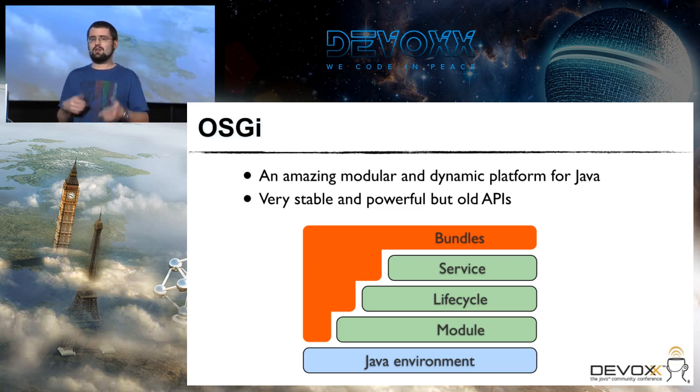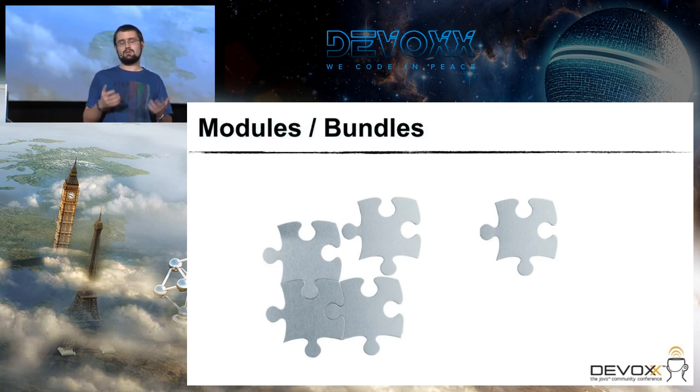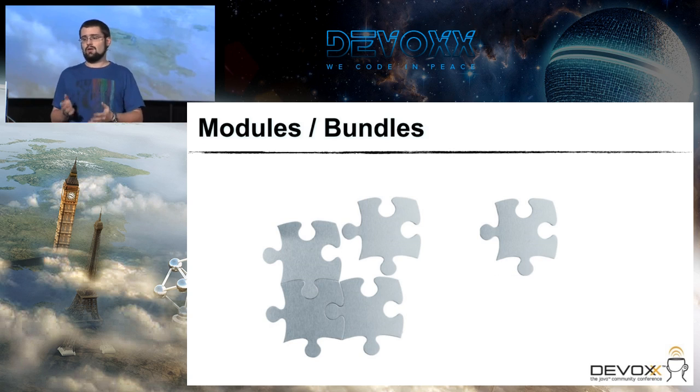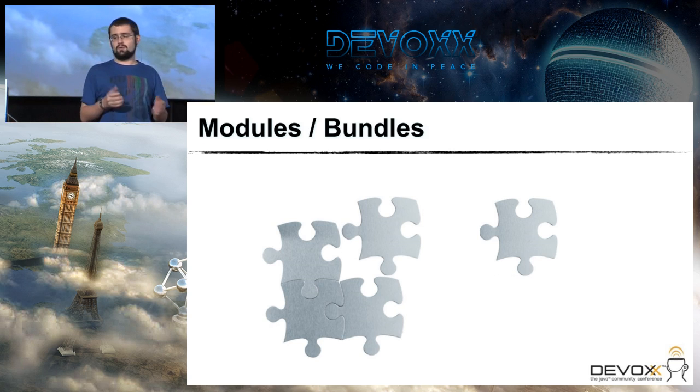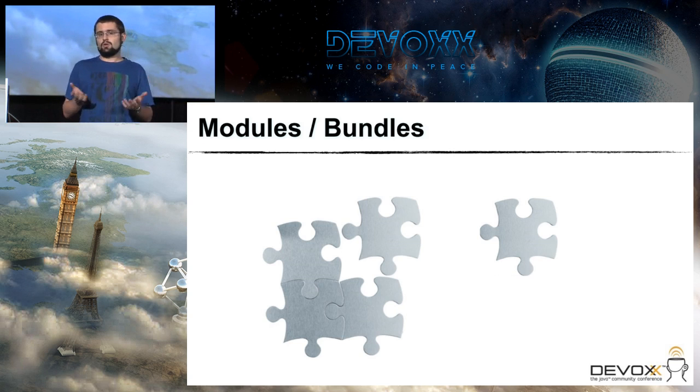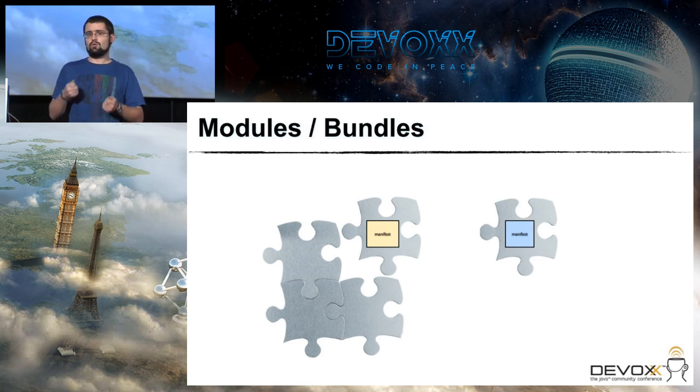So there are two main concepts in OSGi. The first one concerns modules. In OSGi, we call them bundles. A bundle is a plain old Java archive that you start in the OSGi platform, and you construct your application with these bundles.